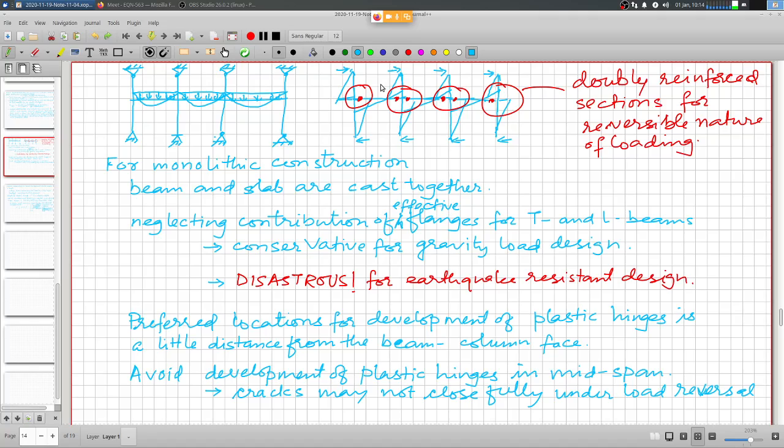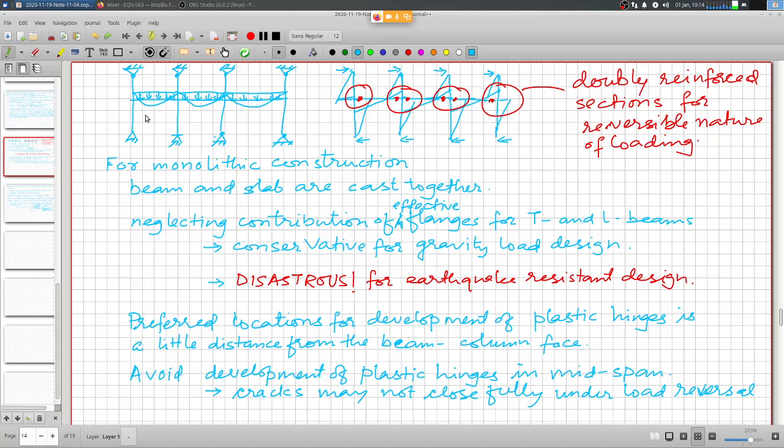This is very much different from what you observe in the case of gravity loading, where the moment at the end of one beam is counterbalanced by the other end of the adjacent beam, which meet at a column, and they tend to balance each other.